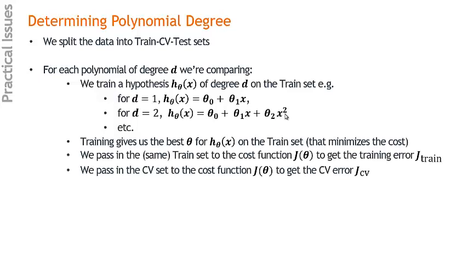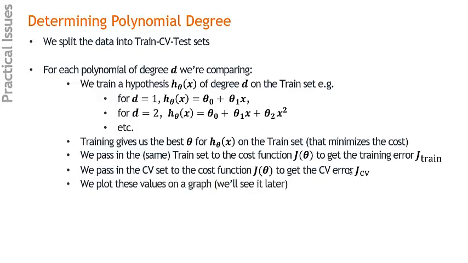It does give us a cost for each model, which we'll call J-train. Now we also apply cross-validation to each model, and we'll get a cross-validation cost, which you remember will be the average cost of the different cross-validation instances.